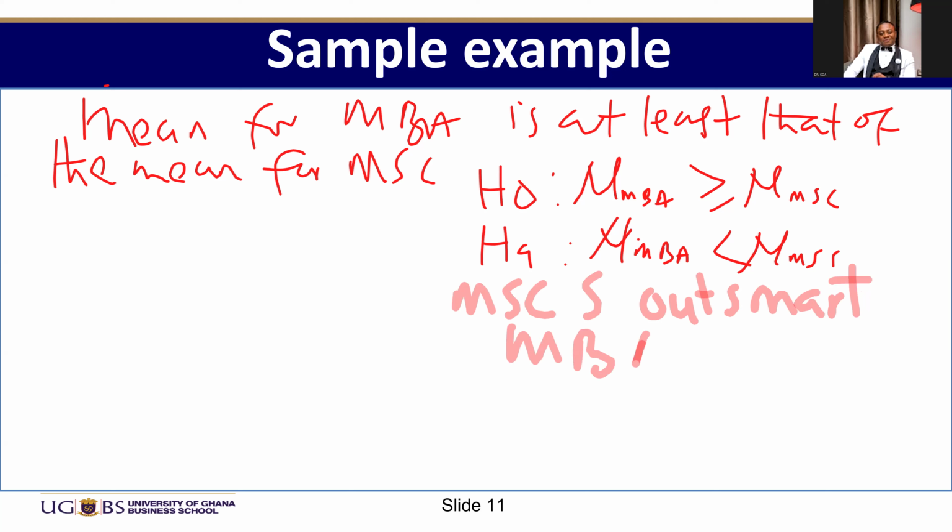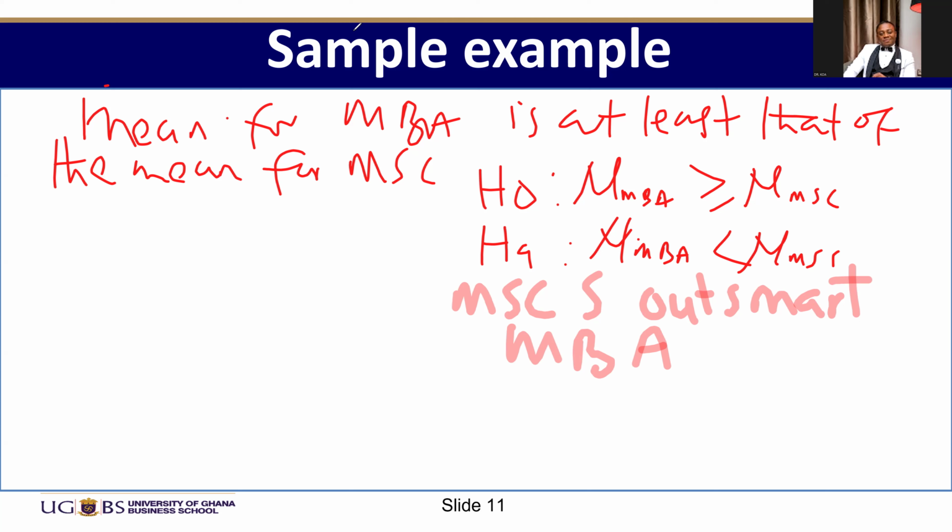Does that make sense? Or still, somebody doesn't. If you don't understand anything, I didn't explain it to you. Does that make sense? Yes. How does it make sense to you? Andrew, how does it make sense to you? Okay, it makes sense to me in the sense that the initial statement, the null hypothesis, says that the MBA students are, in terms of being smart, at least equal to MSc or smarter than MSc.